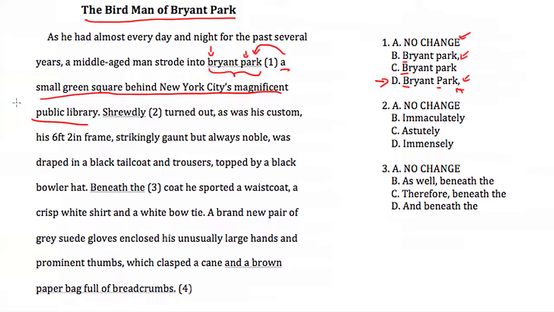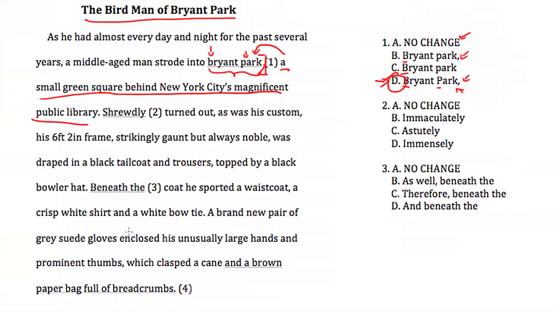So we could omit all of this stuff, and this sentence would still make sense. We could end that sentence there if we wanted to. And because we could end that sentence there, we probably should put a comma there. So we do want the comma after Park, and D is our best answer.